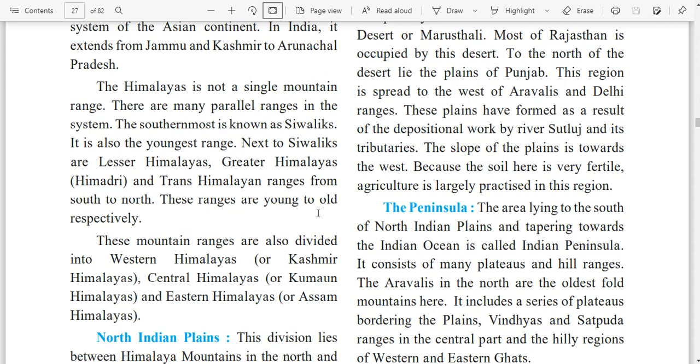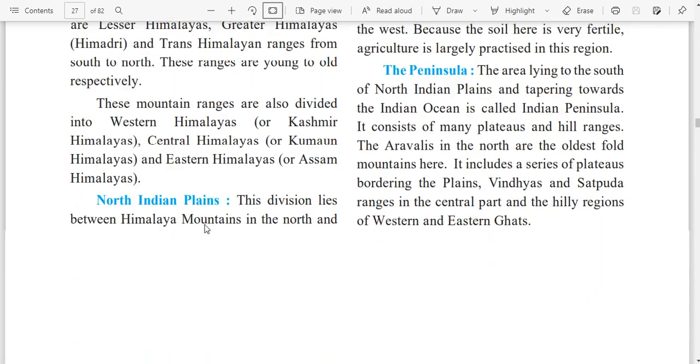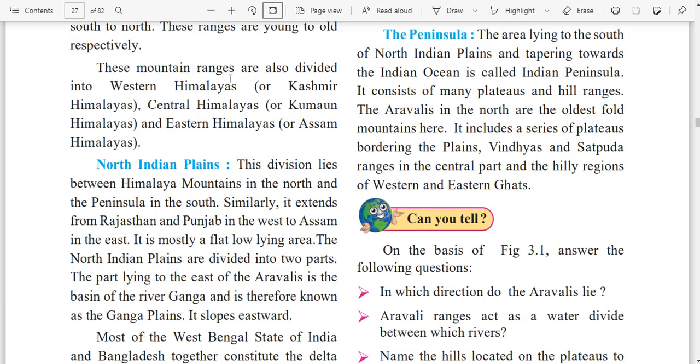These ranges are young to old respectively. These mountain ranges are also divided into Western Himalayas or Kashmir Himalayas, Central Himalayas or Kumaon Himalayas, and Eastern Himalayas or Assam Himalayas.